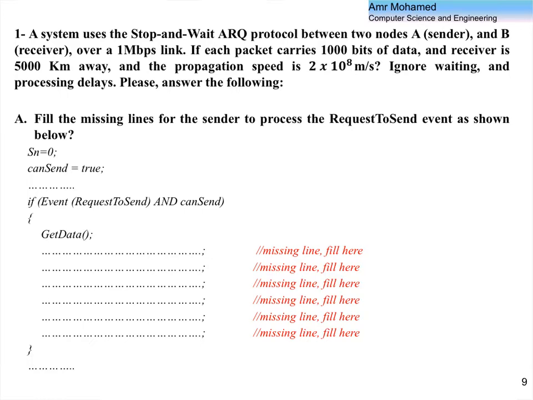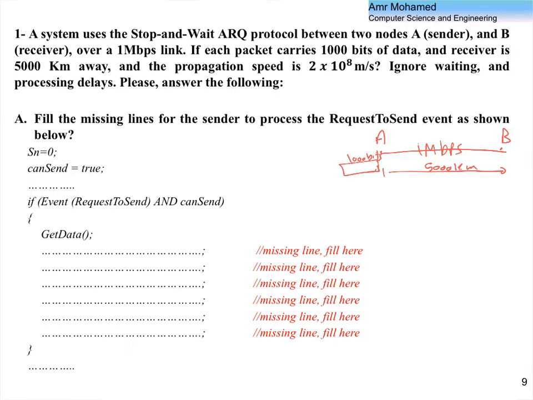So here we have sender A. You have A and you have B, the receiver, okay? And then the bandwidth between them, or the thickness of the pipe, is 1 megabits per second. This is the bandwidth. A has a packet with a length of 1,000 bits, and the receiver is 5,000 kilometers away.